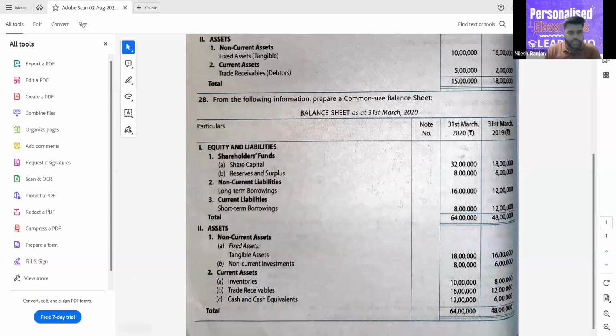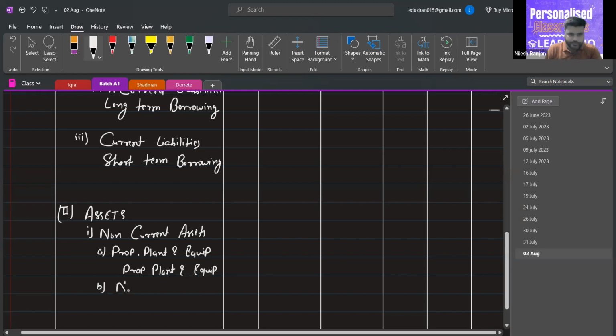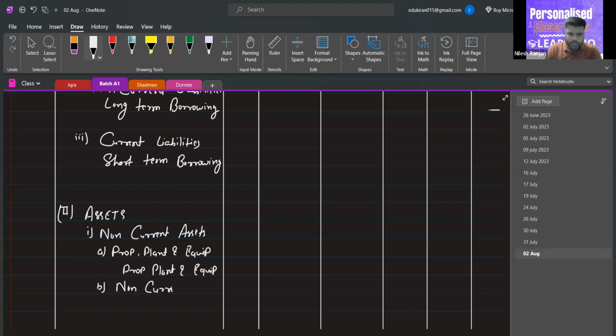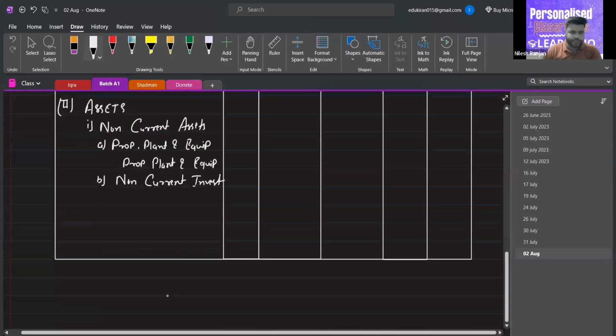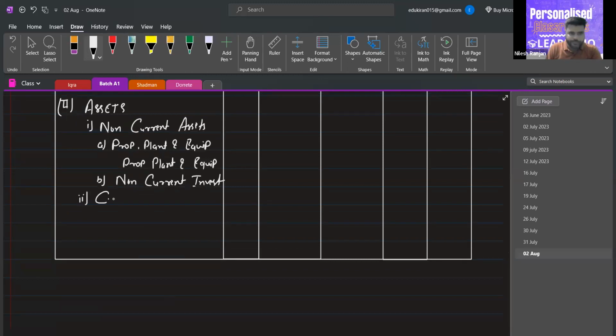Here, non-current investment. And then there is current assets. The second item is current assets: inventories, trade receivable, and cash equivalent.